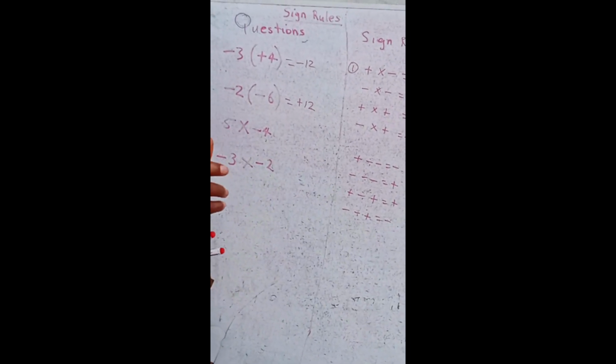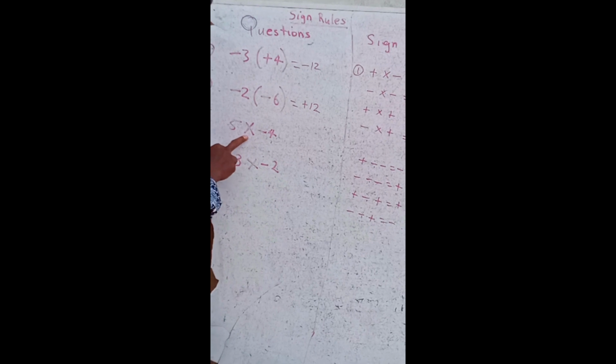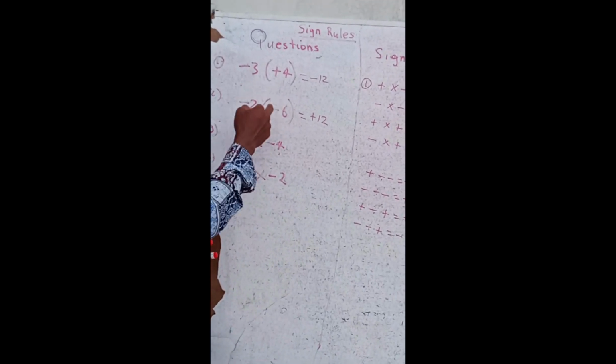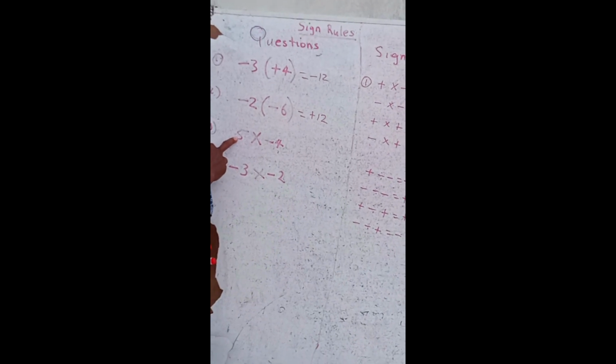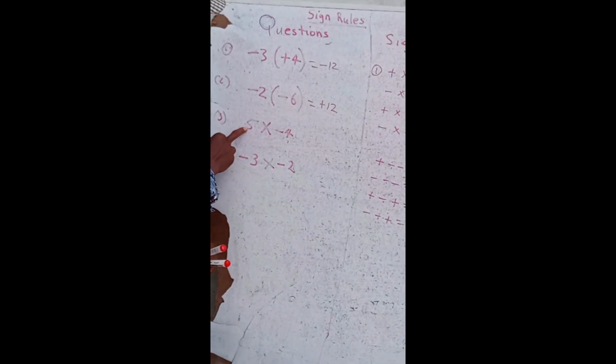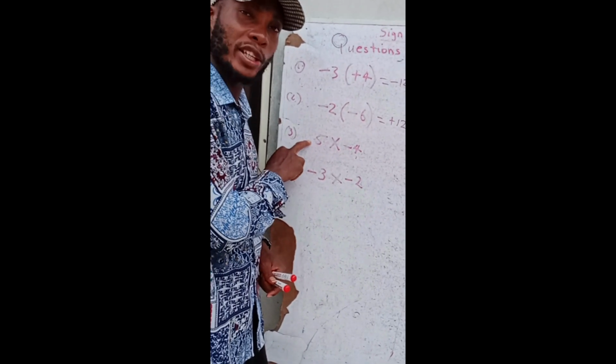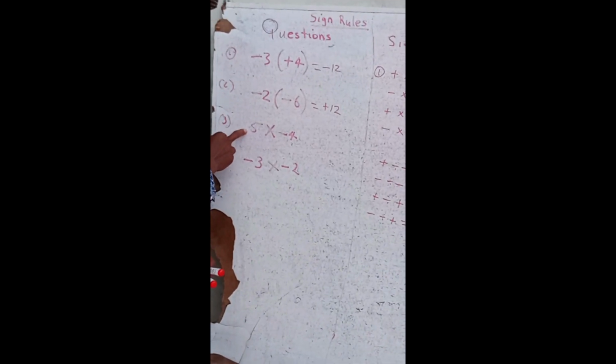Again, I told you that the multiplication sign is the same as the bracket. So this is 5, and in our previous class, we were told that whenever there is no negative sign attached to a number, it means that number has a positive sign. It is called invisible plus.